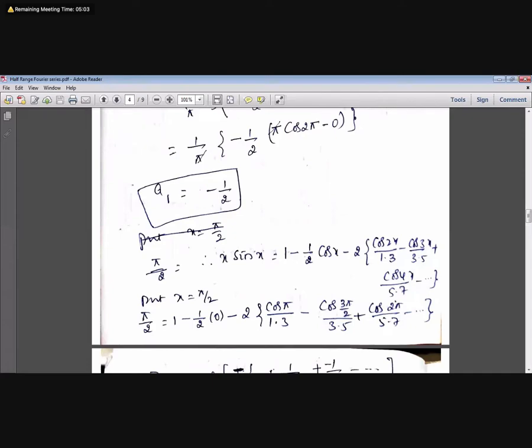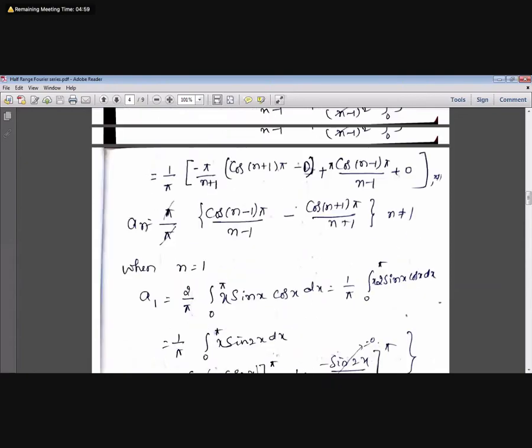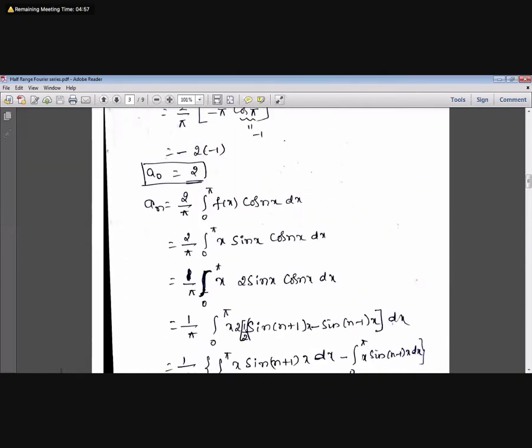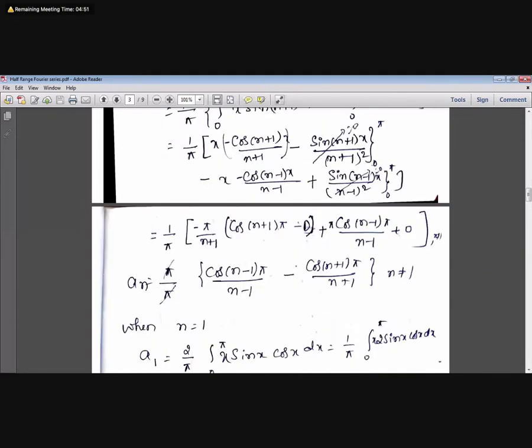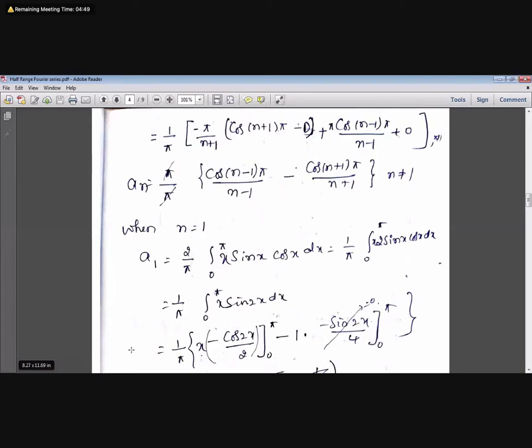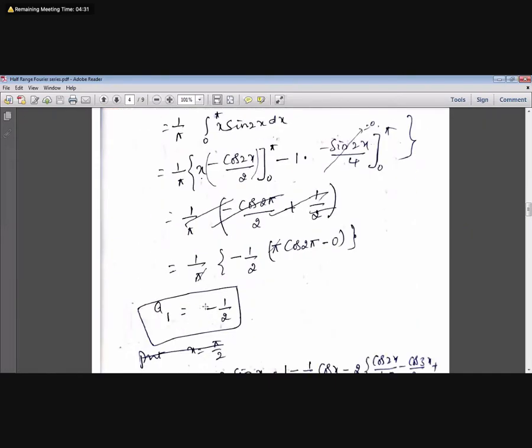X sin X equal to, how much did we get? A0 by 2. A0 value is 2. An value is cos n minus 1 pi by n minus 1 minus cos n plus 1 pi by n plus 1, and A1 value, what we got is minus of this much.